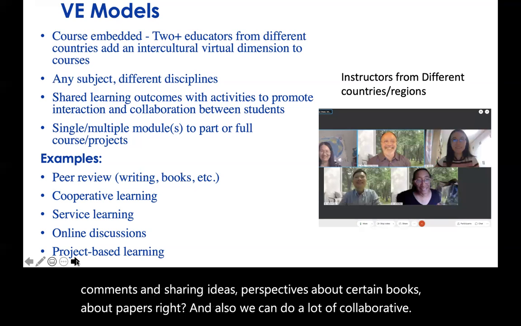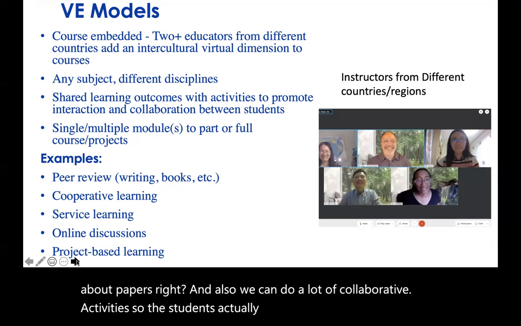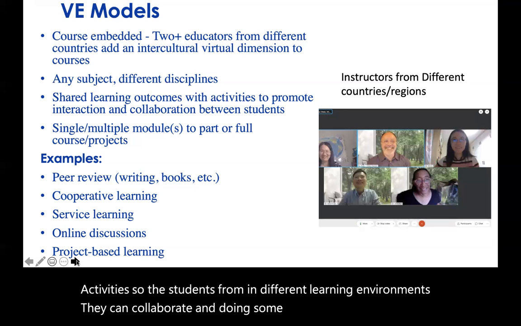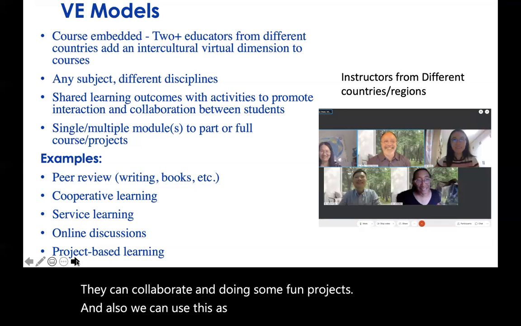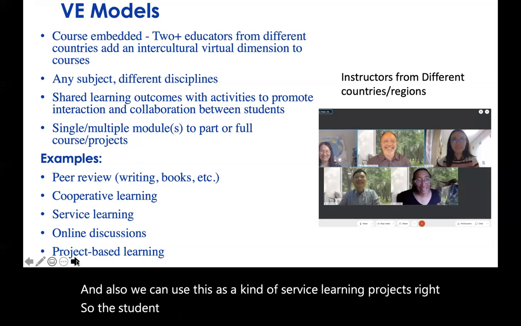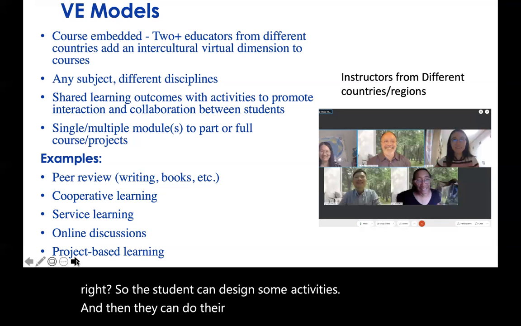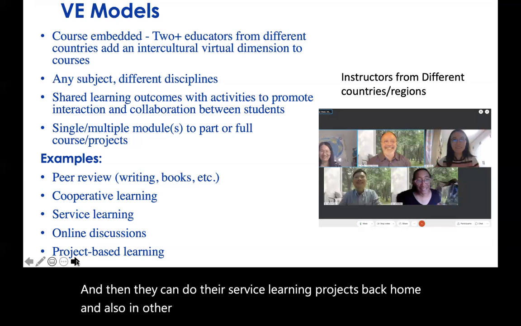Students from different learning environments can collaborate in doing some fun projects. You can also use this as a service learning project, right? The students can design some activities, then do their service learning projects back home and in other parts of the world, and then they share later on.